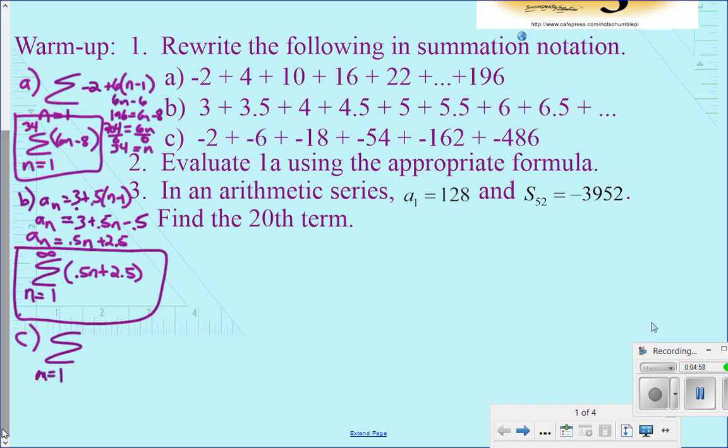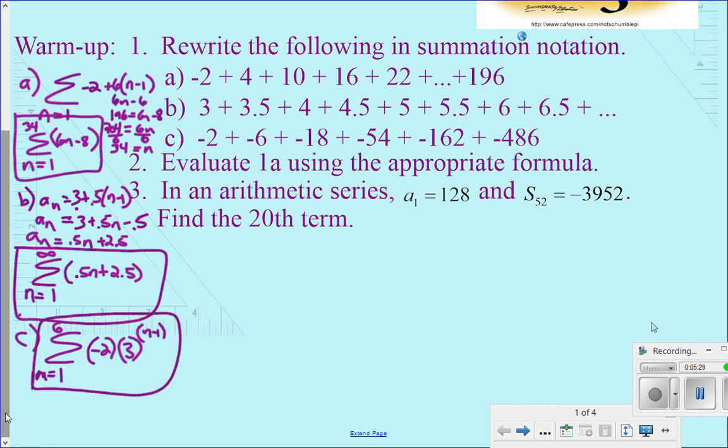And my explicit formula for a geometric series or sequence is -2 times the r value, which is 3, raised to the n minus 1. And the upper index is the number of terms. Well, when I have such a short series just written out here, I can literally just count 1, 2, 3, 4, 5, 6 terms. So because I started at n equals 1, the upper index is 6. And that's my sigma notation for letter C.